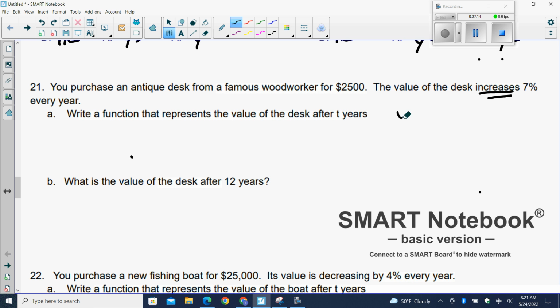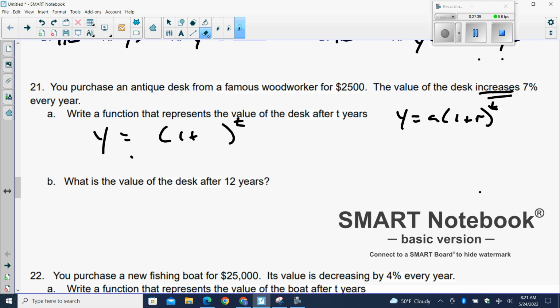My basic exponential growth equation is y equals a times 1 plus r raised to the t power. That stays. I am plugging in for A, and I'm plugging in for R. Reading through here, remember my A is my initial value. So what is my initial value?